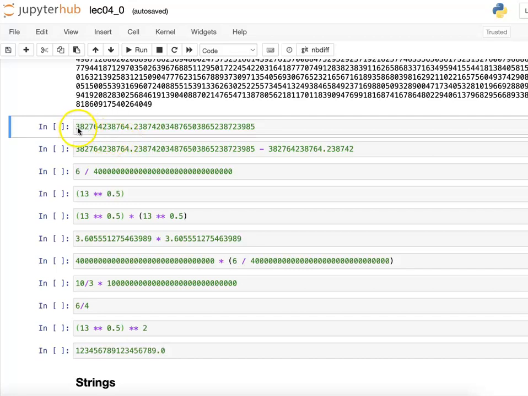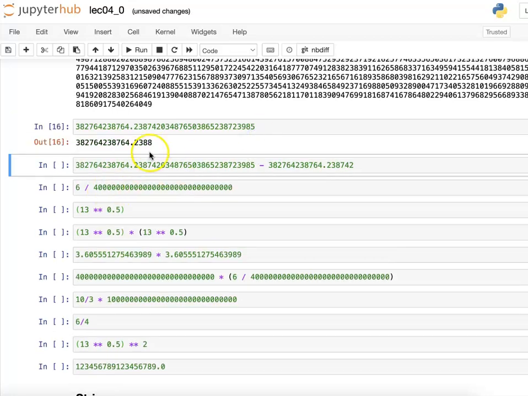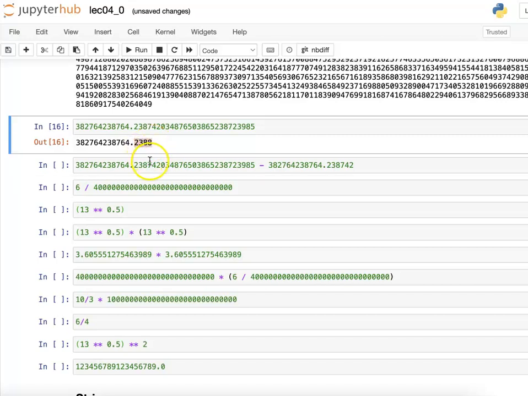Sometimes we can have a big number with a big decimal part. Let's run this one. It automatically rounds to the first 4 digits for you. Like we said earlier, sometimes the final digits of the calculation are not always correct.